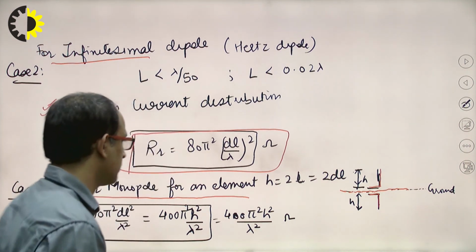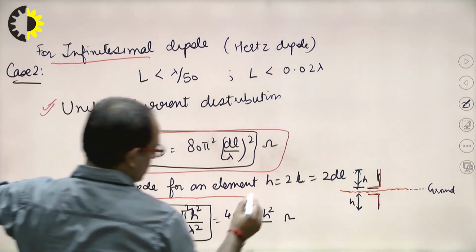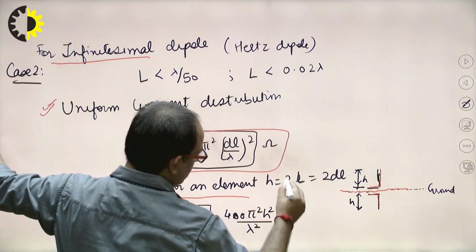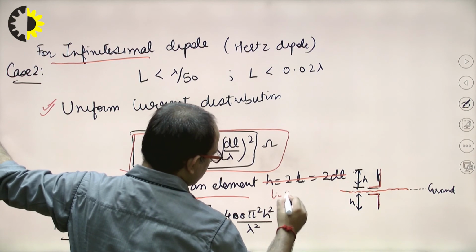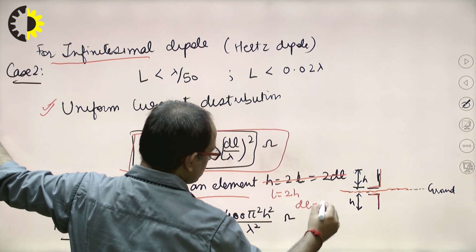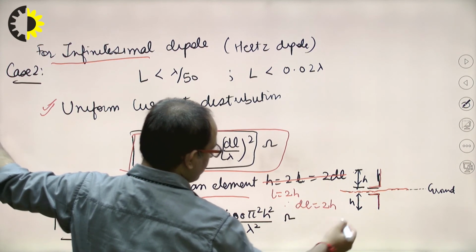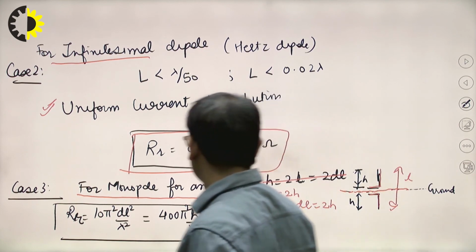Wait a second, see this one, I have drawn this one wrong. In this you will see that L equal to 2h, or you can say dl equals 2h. Clear?